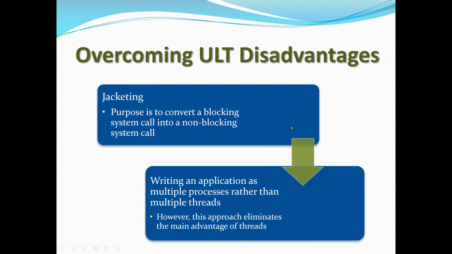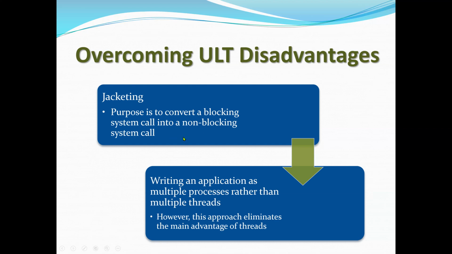Now, to overcome the user level thread disadvantage, we can use a method called jacketing. Another way to overcome the problem of blocking threads is to use a technique referred to as jacketing. The purpose of jacketing is to convert a blocking system call into a non-blocking system call.